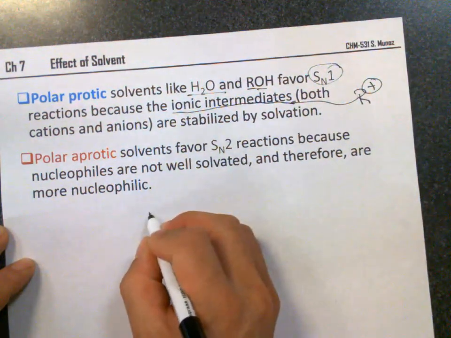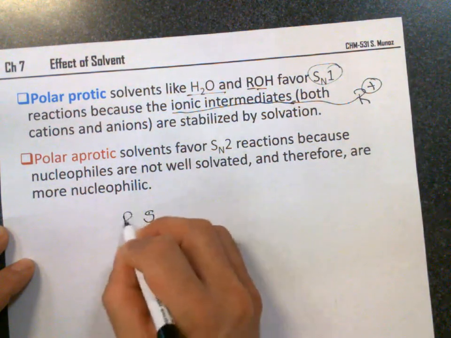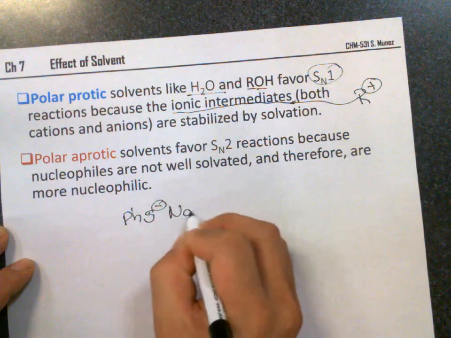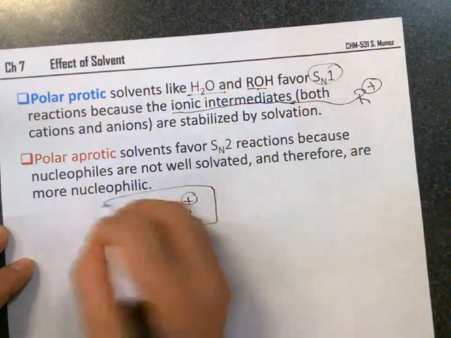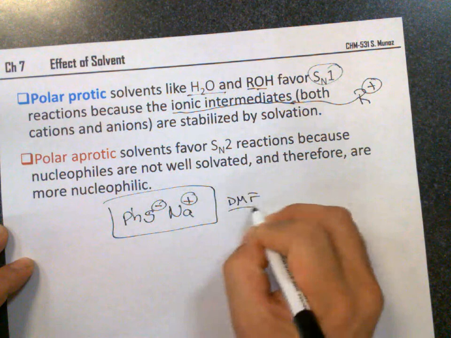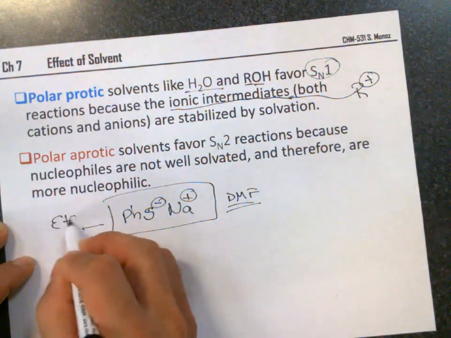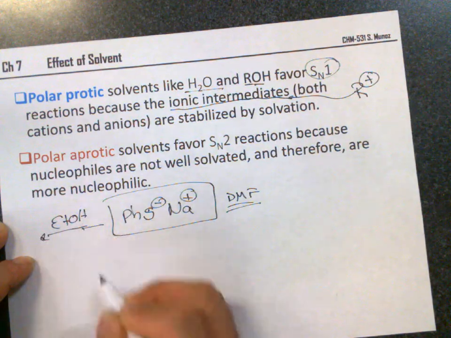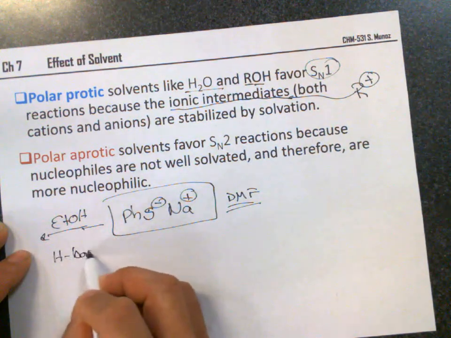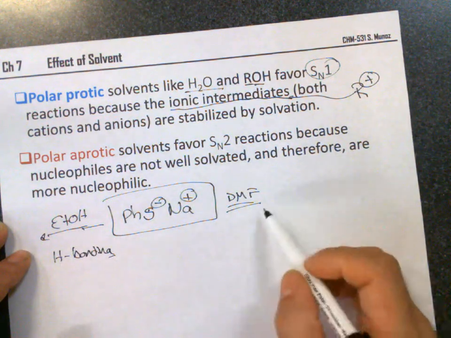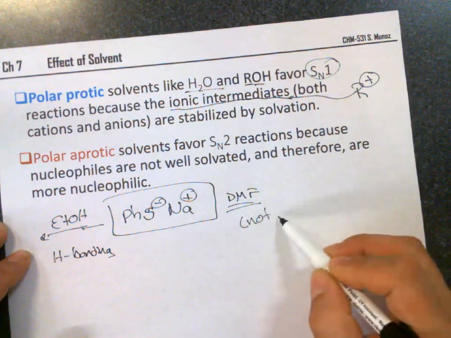Why? Because, for example, I'm going to put a thiolate, benzene thiolate. If I put this in DMF, it's not going to be the same as if I put it in ethanol. In ethanol, we have a lot of hydrogen bonding. And in DMF, it's not well solvated.